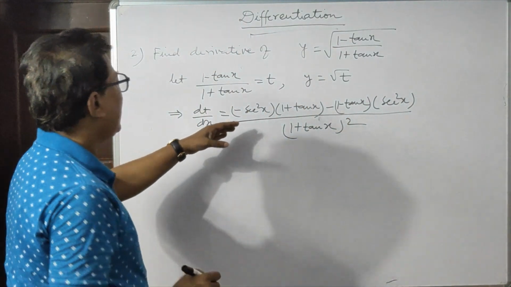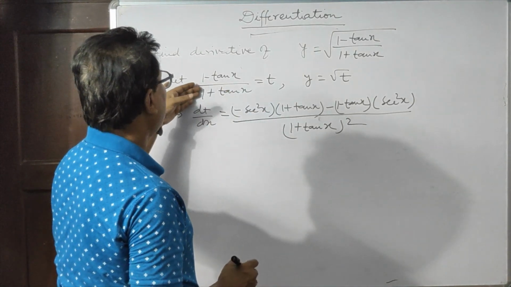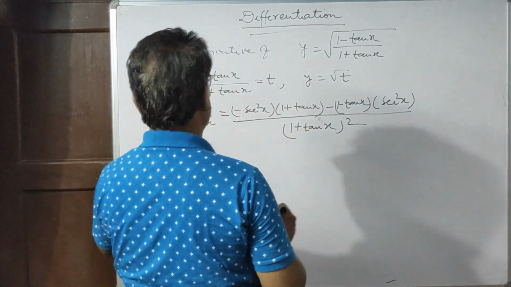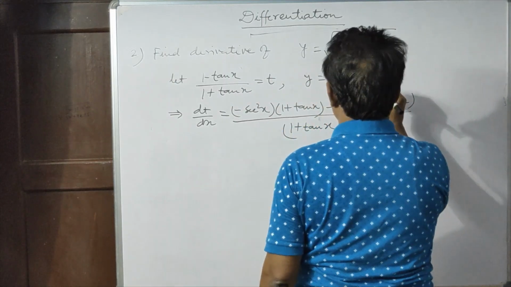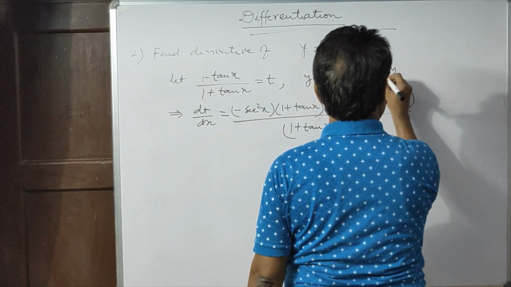This is because you know that t is equal to this much and y is equal to this much, then we will differentiate to get dt by dx.